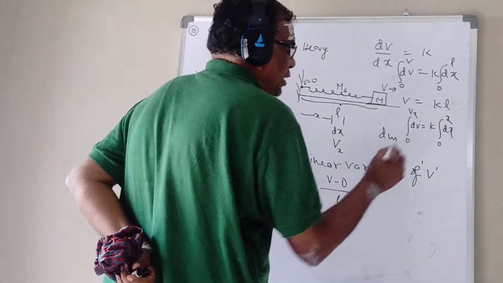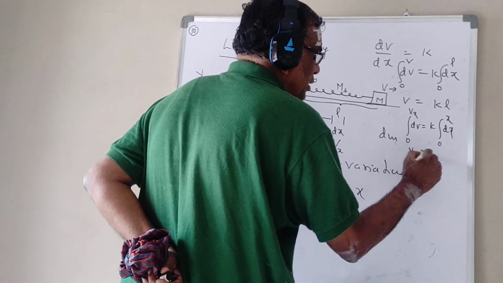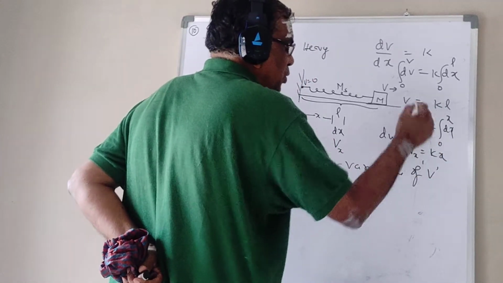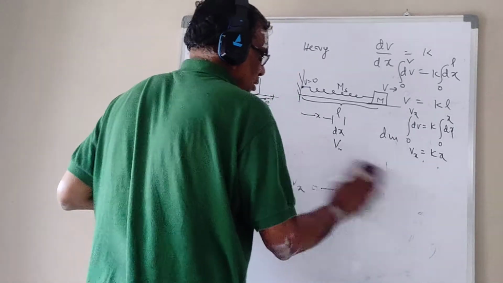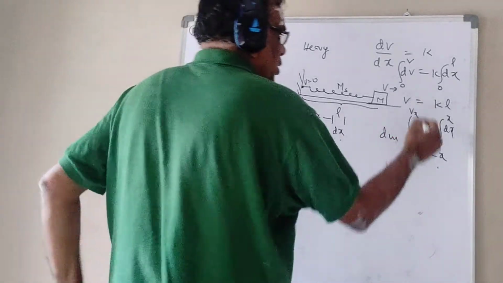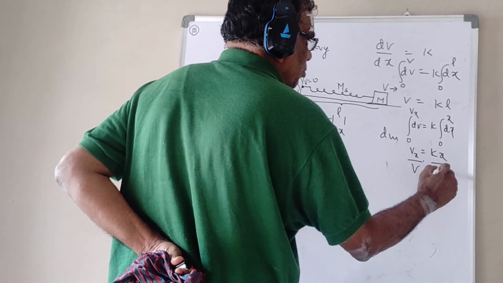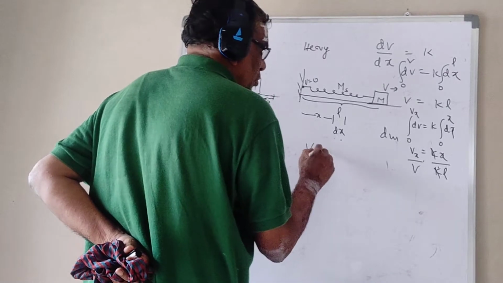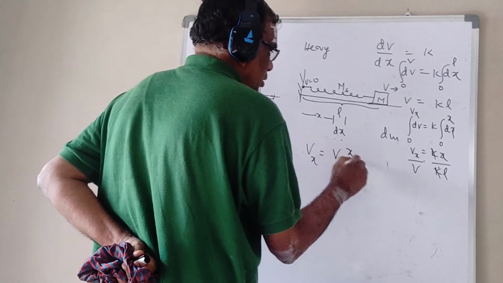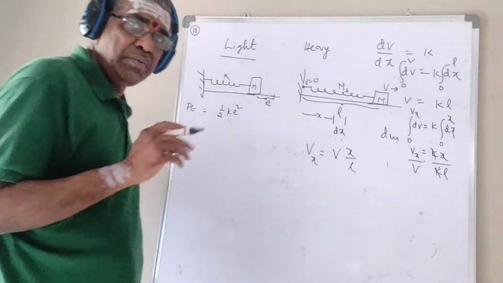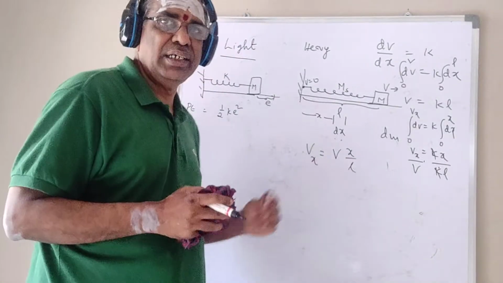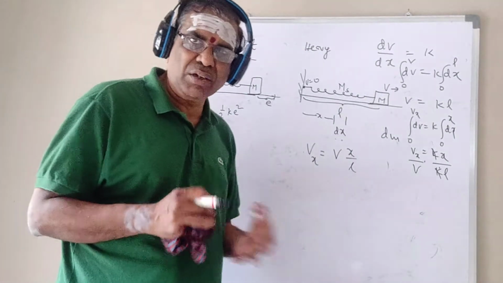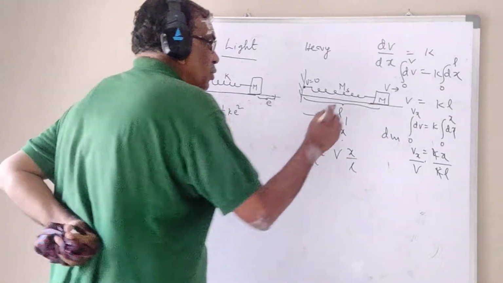Then what do you write there? Vx is equal to Kx. Now you divide these two equations by V by KL. You see, K gets cancelled. Therefore, Vx is equal to V into x by L. Now remember, if it is not linear, generally it is presumed to be linear. They may give some function that you can work out based on that. Okay? So this is how I got it.